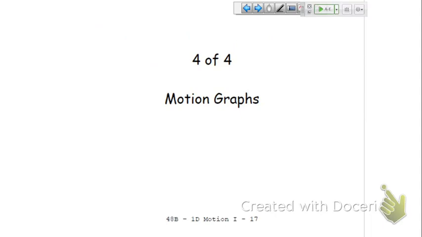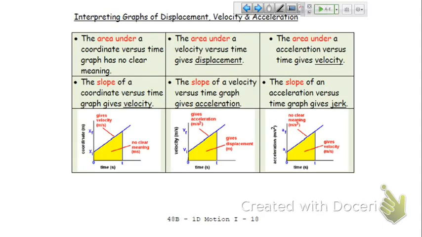Motion graphs. These 3 graphs are not the same, and they're not even the same journey. So, tip, always get a highlighter, but make sure you read what the axes are. This is the position or the coordinate versus time.